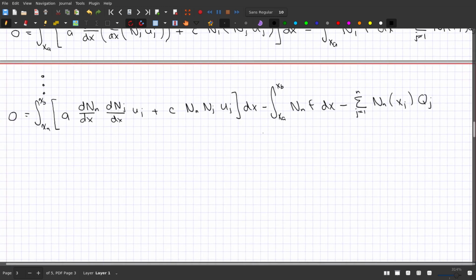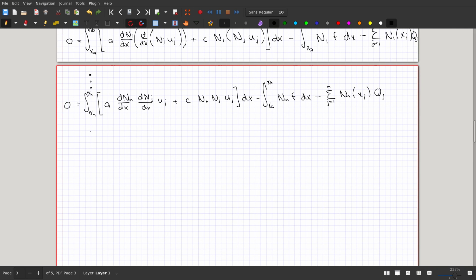So therefore, for the ith equation, so I wrote the first and the last. Now I'll write the ith equation.